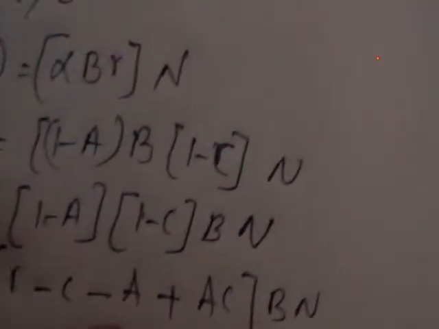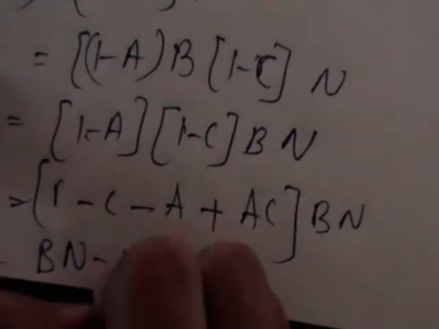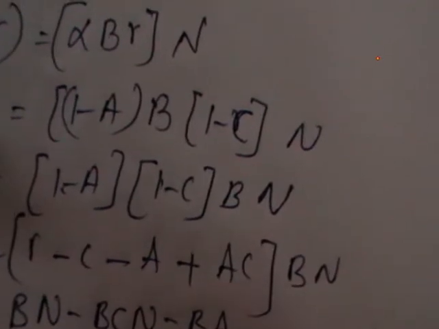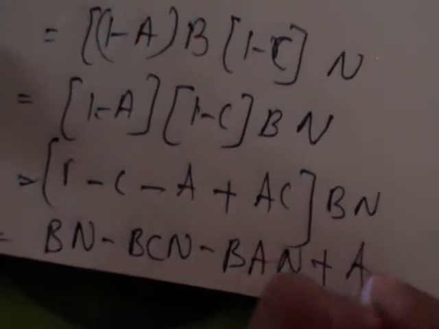You multiply here, you will get BN minus BCN minus ABN plus ABCN. Again we are following the same steps.